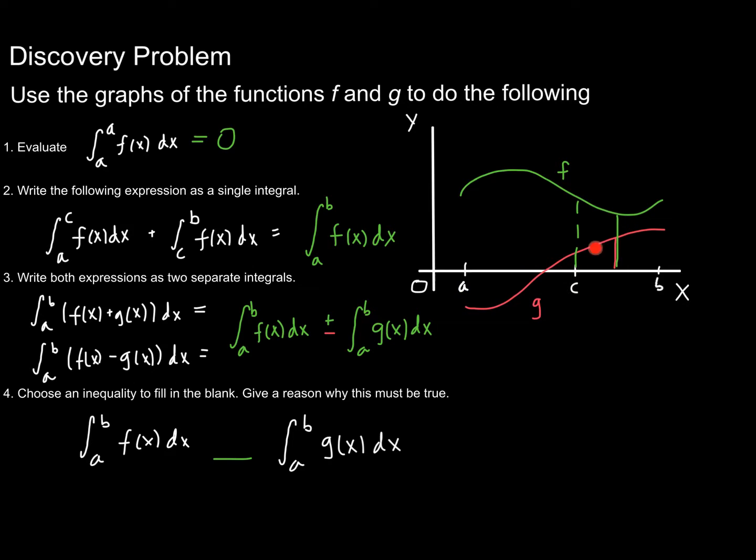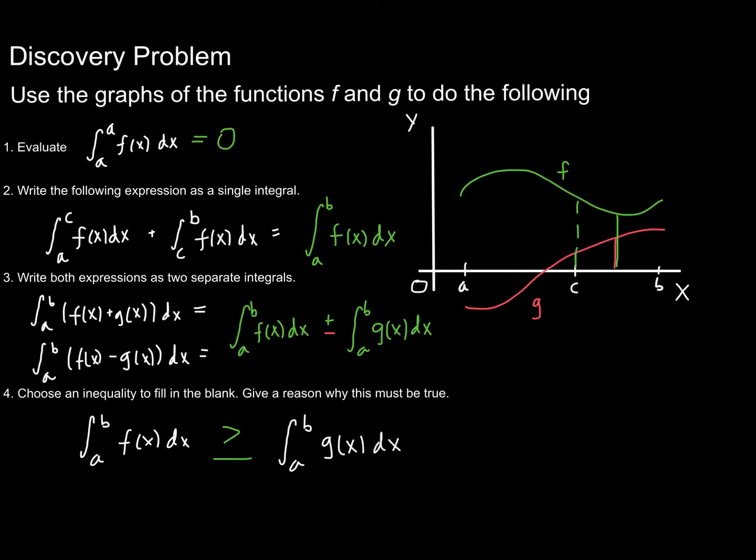And then this piece here is going to be positive, but we notice for this interval that g is always beneath f. In other words, from whatever this point is to b, the integral of f is still going to be greater. And so it's very clear to see that the integral from a to b of f of x dx is going to be greater than the integral from a to b of g of x dx.